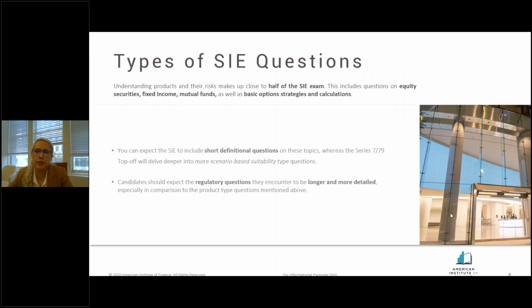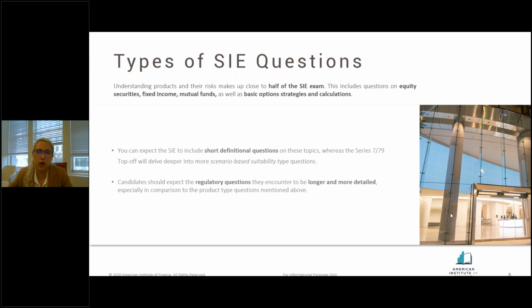So moving on to the types of SIE questions that I'm sure most of you are interested in understanding and seeing, perhaps a couple of examples of questions that you will find during the exam. I wanted to emphasize that understanding the products and the risk associated with these products makes up close to half of the SIE exam.